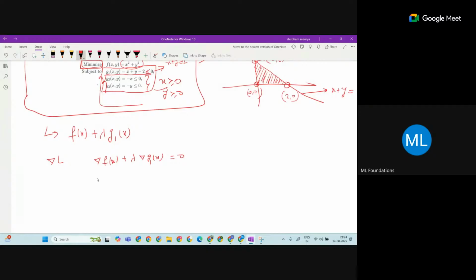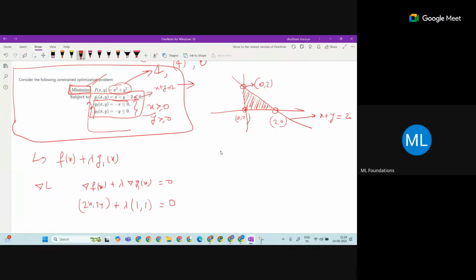If you do it, this is going to be 2x, 2y, right, plus lambda times g1(x). So g1 is this one. If you find the gradient, what is it? What is the gradient of g1? Anyone? No? 1, 1 only, right? If you have difficulty, let me write it here.